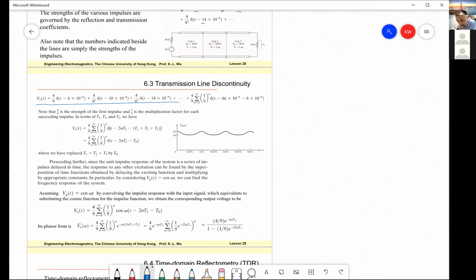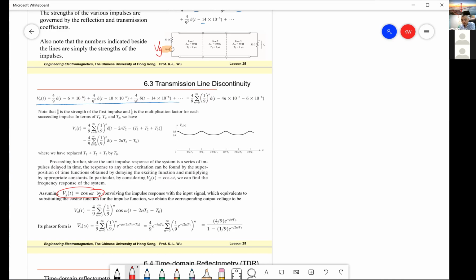So in this case, if we would like to find the frequency domain response, what that means is I change my input voltage VG by a single tone harmonic function.